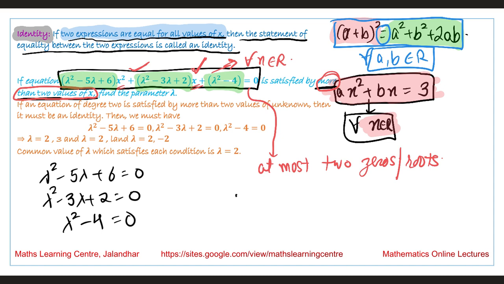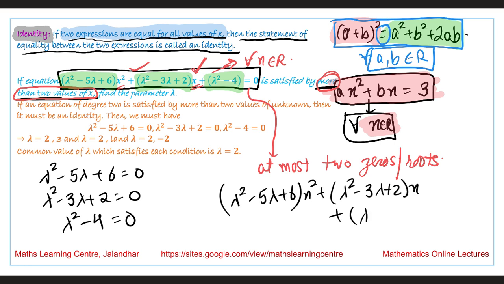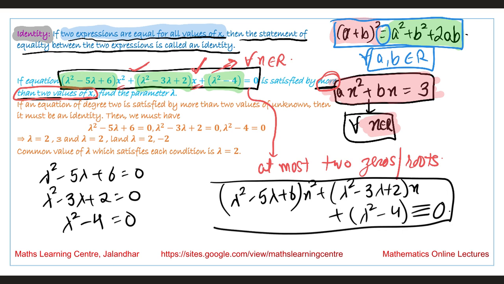Basically, (lambda square minus 5 lambda plus 6)x square plus (lambda square minus 3 lambda plus 2)x plus (lambda square minus 4) is identically equal to 0. Identically equal to 0 means this holds for all values of x, that is, all these coefficients should be equal to 0.